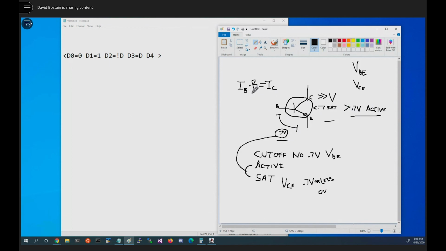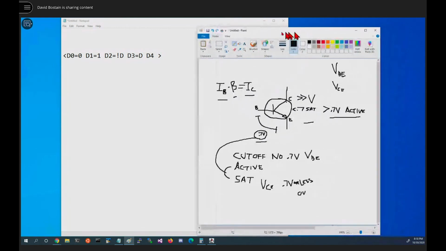We forced it so that if you took the base current times beta, it came out much bigger than the collector current we needed. That's how we saturated the transistor. However, if we ever have the conditions that there's 0.7 across the base emitter, and the voltage from collector to emitter is greater than 0.7 volts, then whatever the current in the base multiplied times beta is, that'll give us the collector current.